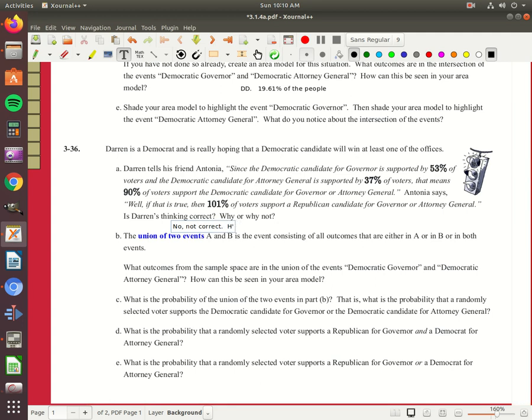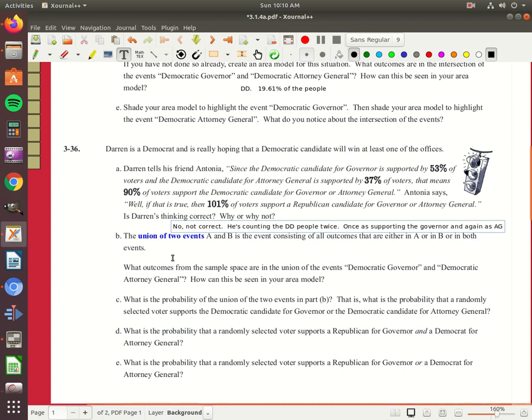He's counting the DD people, the Democratic governor and the Democratic attorney general, twice. Once as supporting the governor and again as the attorney general.